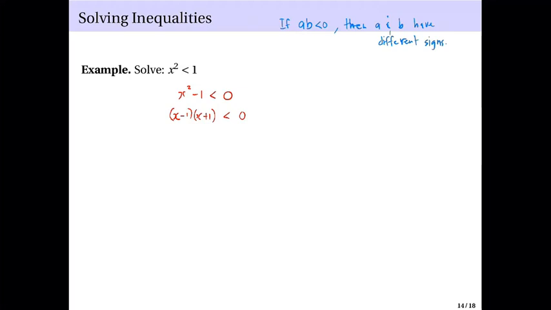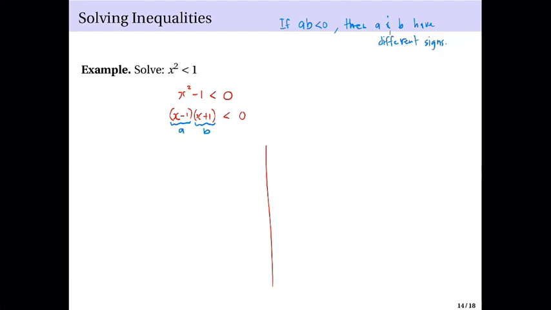So we can think of x minus 1 as our A and x plus 1 as our B, and we have A times B less than 0. So A and B must have different signs, and there are two possible cases. So we divide this into two cases.